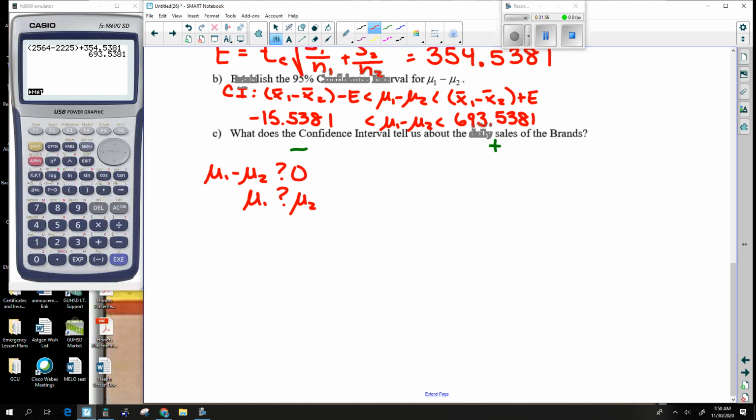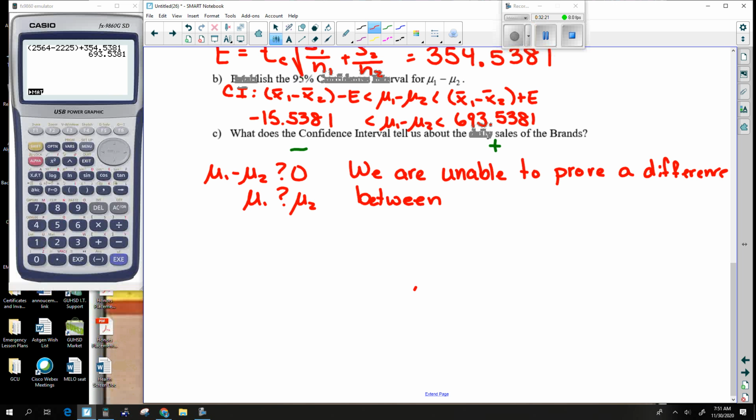So the words that we say in here is we are unable to prove a difference between, all right, and so here we do have to describe these as the average.